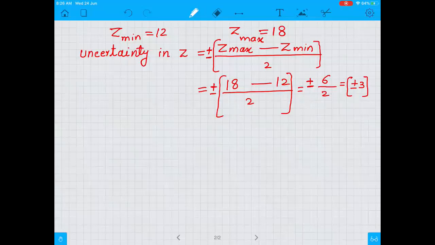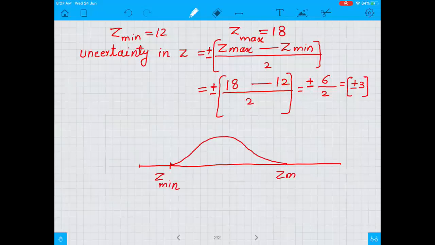If I explain this concept on a graph, then you need to understand that the quantity Z, you will assume to be symmetric in the given range of minimum to maximum. And this is Z average. So Z average is in the center. If we calculate Z average, it would be 15.